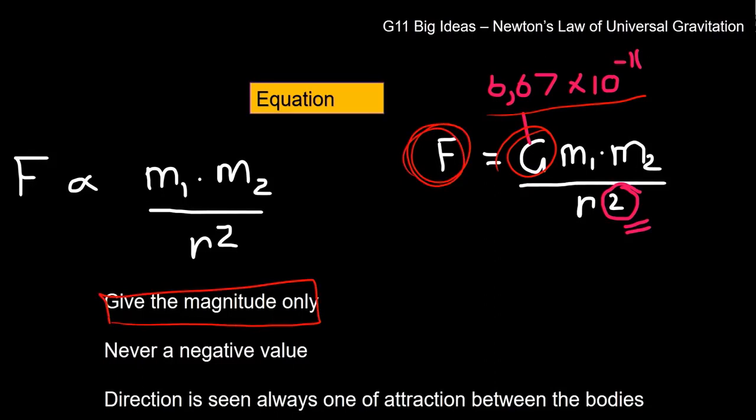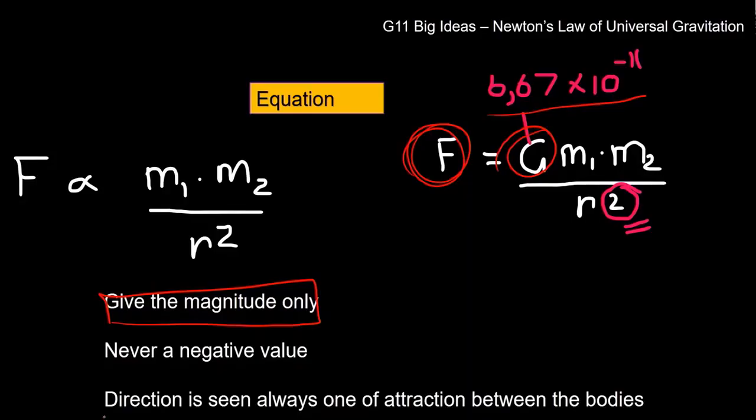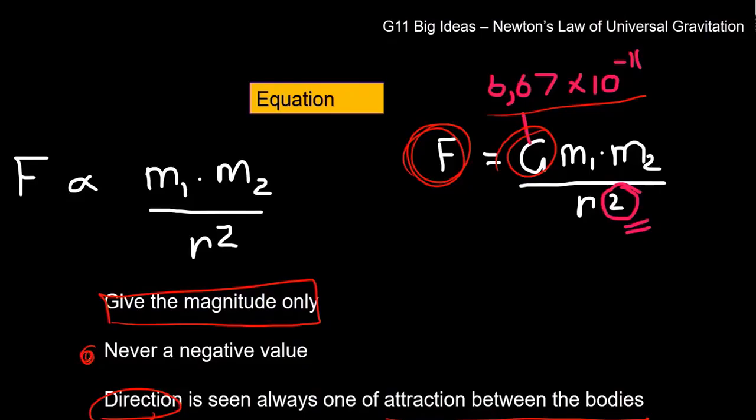And that is because we are seeing this force as a force of attraction between two bodies. So the direction is seen as the attraction between the bodies, so we don't need to put a direction because we know that it is two bodies attracting one another. If your answer is negative to these questions, then something is wrong. So the force will never, ever be negative.